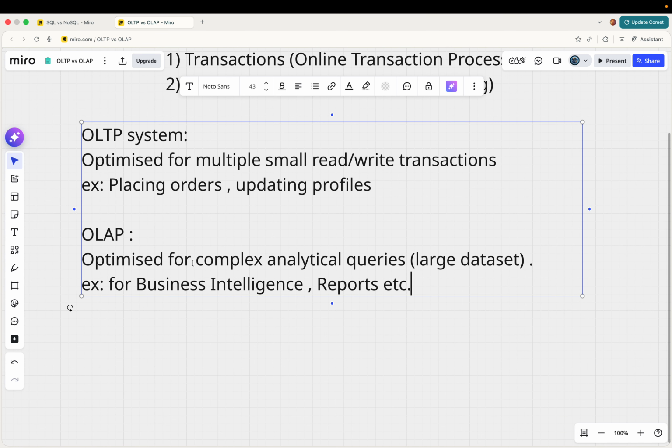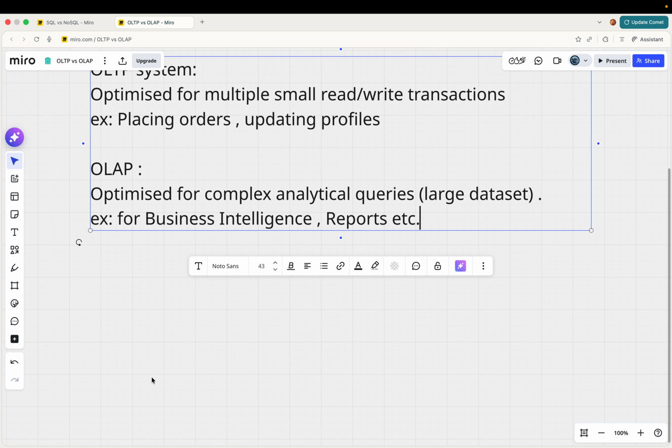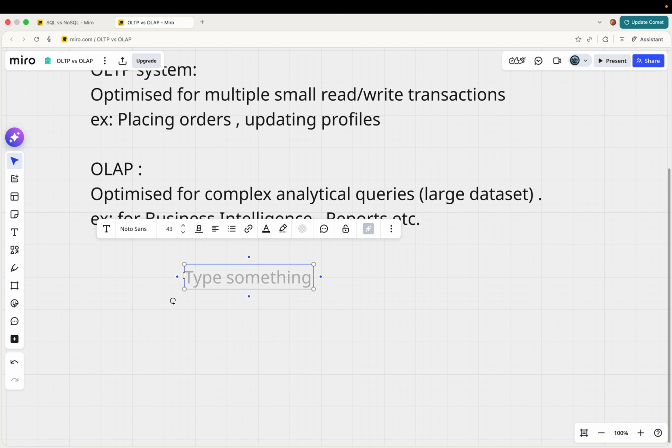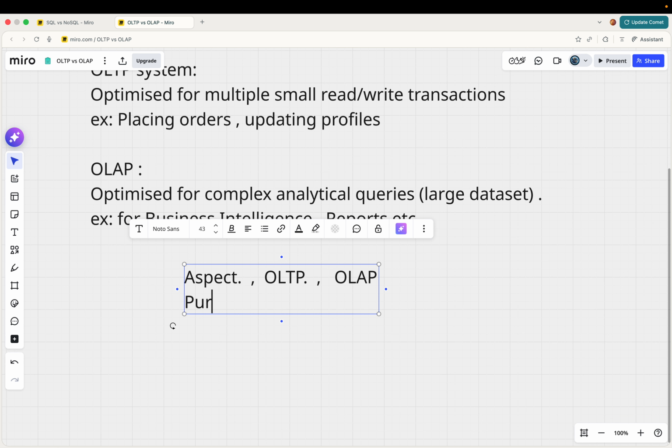Now let's see the key differences. Let's make a table. The first column will be the aspect, then OLTP, then OLAP. Let's say the aspect is purpose.